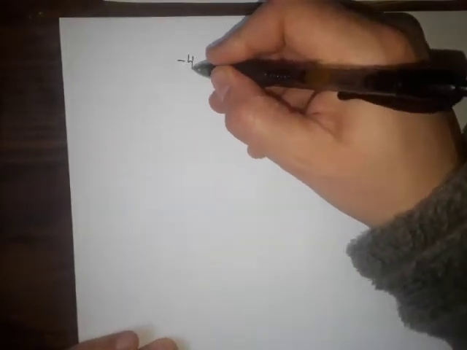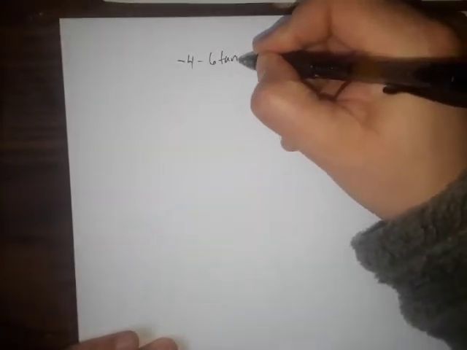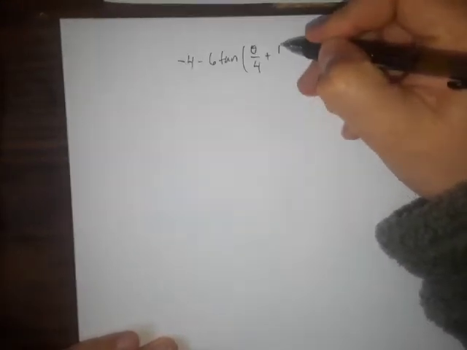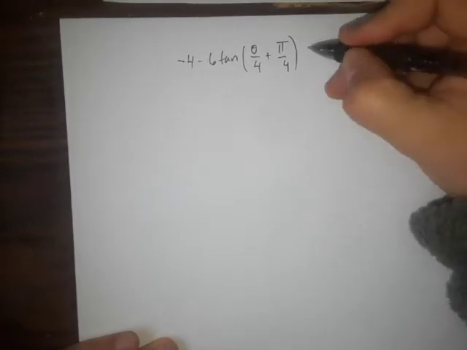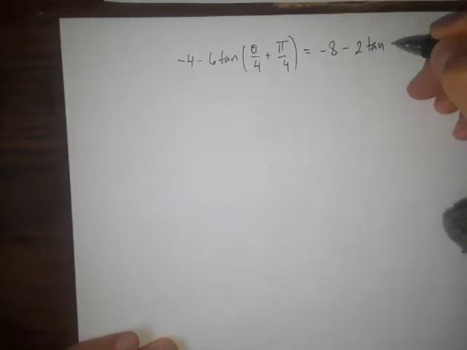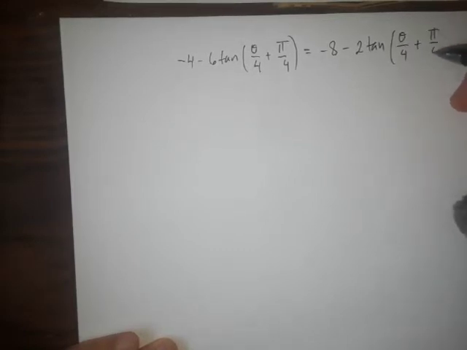-4 minus 6 tangent of theta over 4 plus pi over 4 equals -8 minus 2 tangent of theta over 4 plus pi over 4.